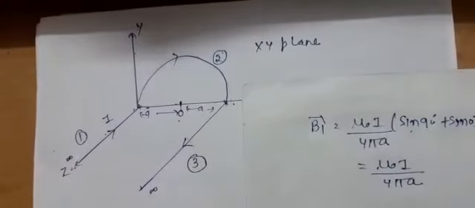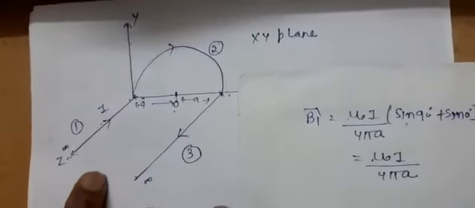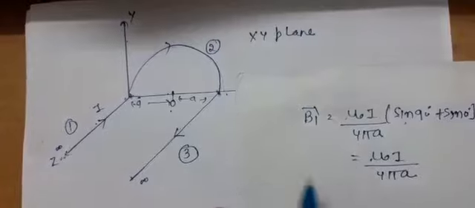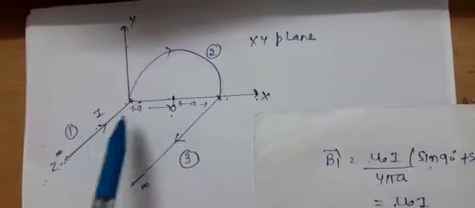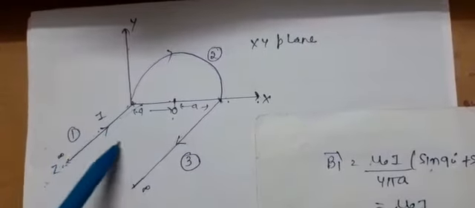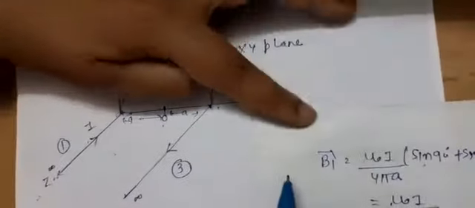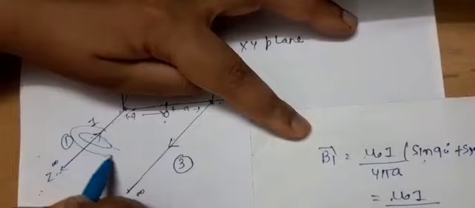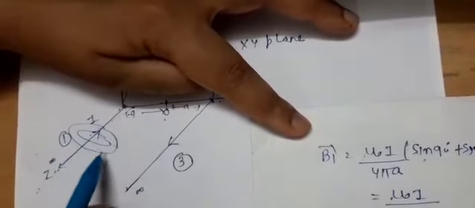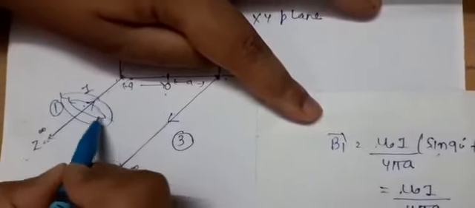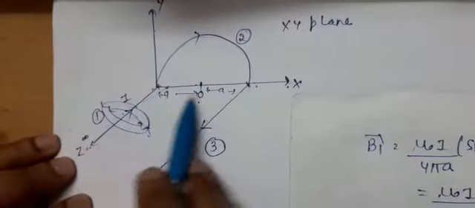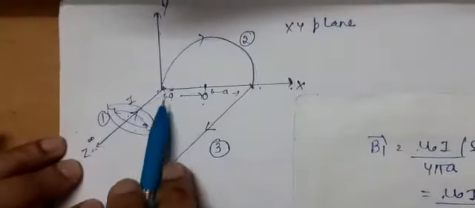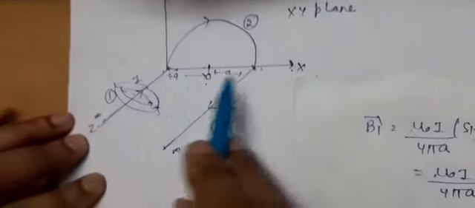So basically what will be the direction? Now this is a very important point, as this wire is lying on the z axis. When the current is flowing in this direction and you apply the right hand thumb rule around it, you can see that the magnetic field lines will be like this, directed inward. This is not in the xy plane, this is in the zx plane.